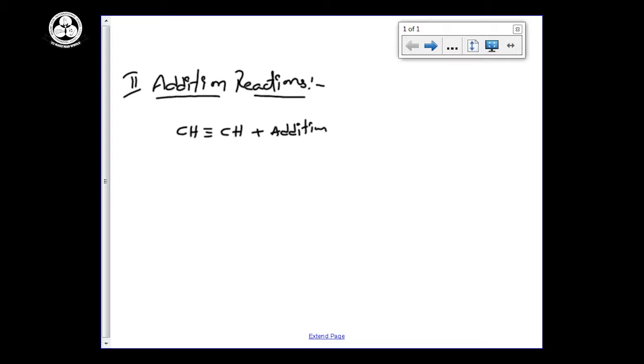First of all, we have to understand that alkynes on addition can give alkenes. First, one bond of the triple bond is broken. Suppose I am taking addition of hydrogen, and again I am adding hydrogen.